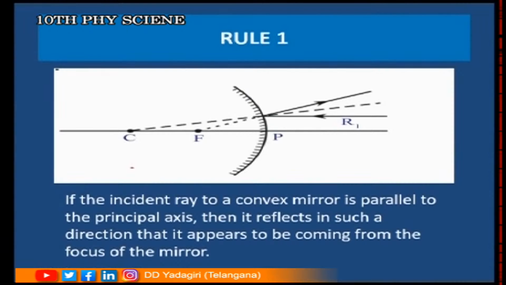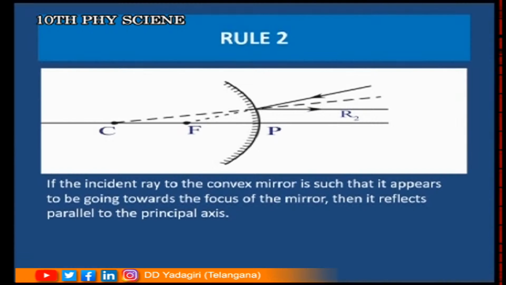Where is the focus, children? It is behind the mirror. So, if the incident ray to a convex mirror is parallel to the principal axis, then it reflects in such a direction that it appears to be coming from the focus of the mirror.